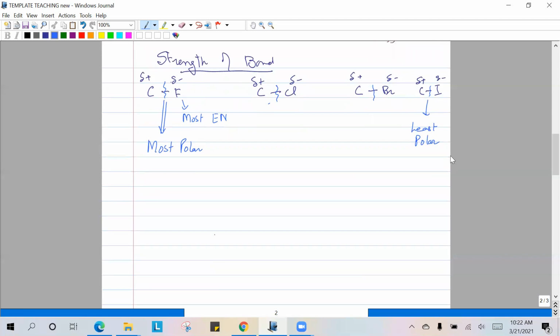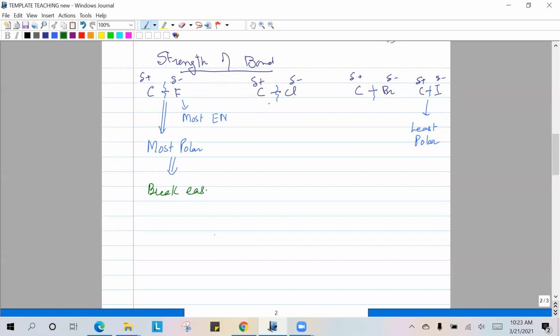So since it is most polar, the halogen is taking the electron towards itself, and the carbon is losing its electron density to the fluorine. So they are moving towards an ionic bond, which means they want to stay separate, a positive and a negative ion. So bonds which are more polar break easily.